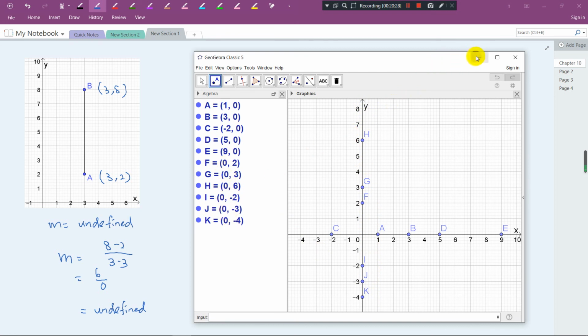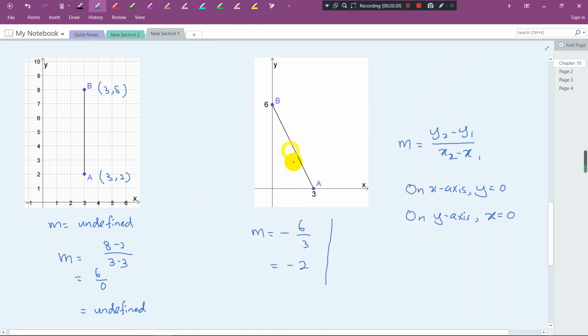Okay? Now, if you understand this one, you can use another formula to get the gradient of this straight line. So we should be able to get the same gradient. On y-axis, x is equal to 0, and this is 6. This is the y coordinate. On x-axis, y is equal to 0, and this is 3, this is the x coordinate.